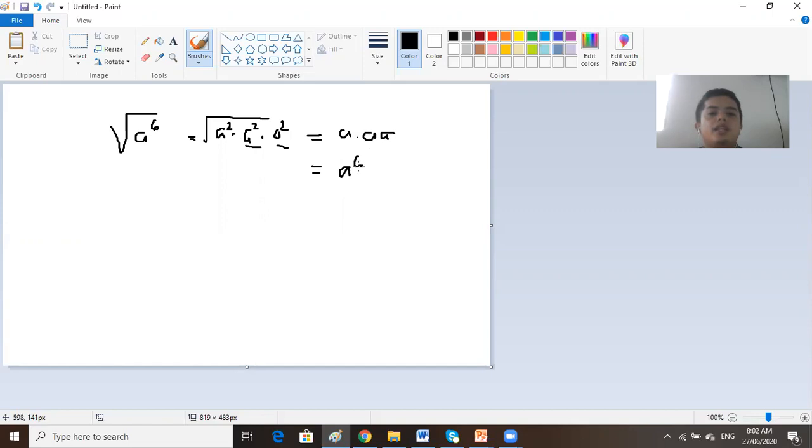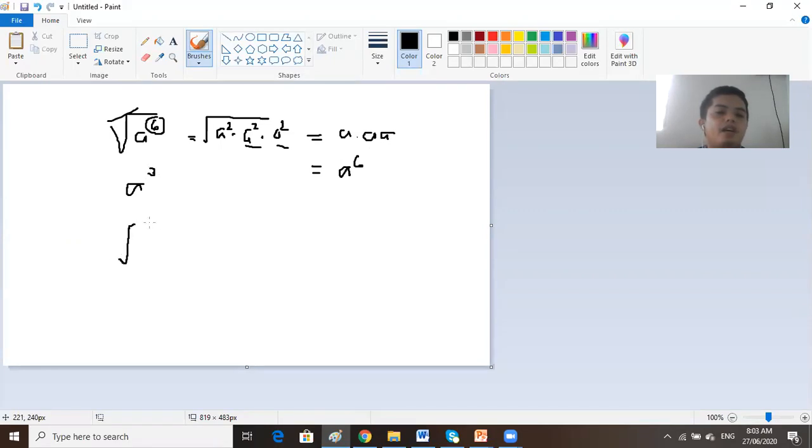Instead of doing that process, all you have to do is divide the exponent by its root. Since 6 is the exponent and the root is 2 because it is a square root, 6 divided by 2 is 3. So a^3.